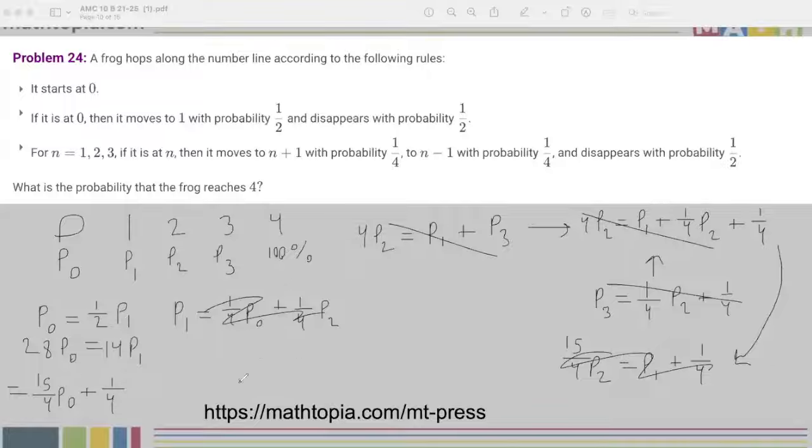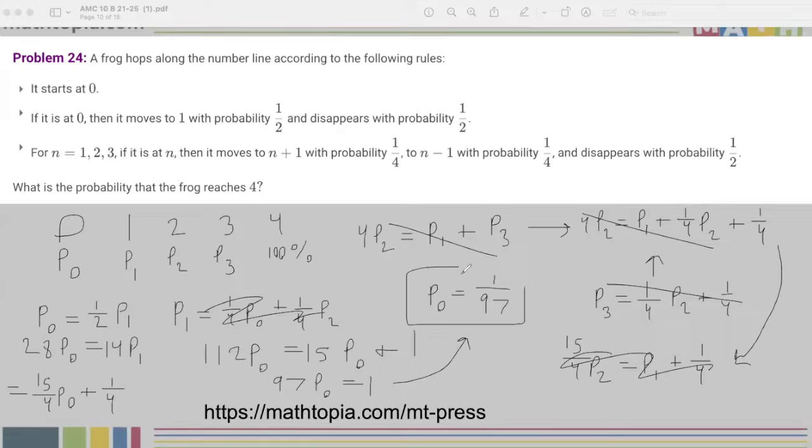So 28P0 is equal to 15/4 P0 plus 1/4. I'm going to multiply everything by 4 just to make things a little simpler. So I get 112P0 is equal to 15P0 plus 1. And we get 97P0 is equal to 1. So therefore, P0 is equal to 1 in 97. And that's our answer.